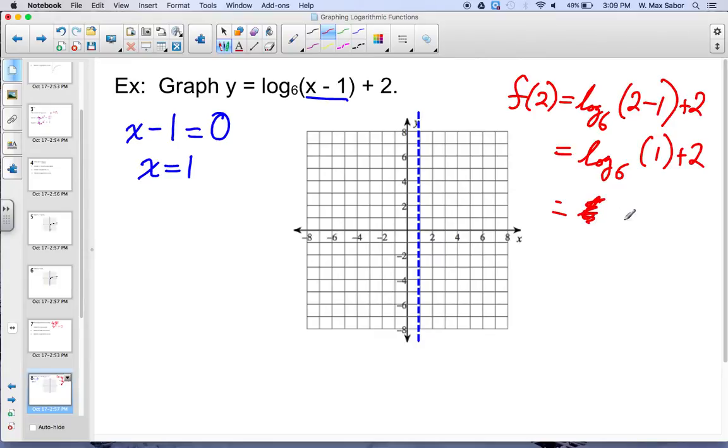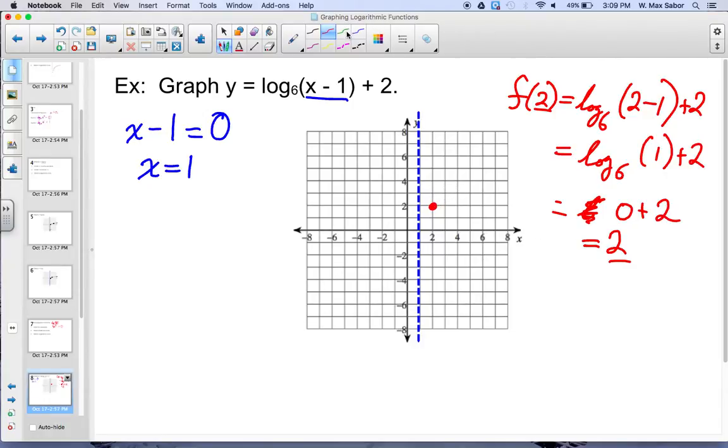One of our log rules is that log base 6 of 1 is automatically 0, so this is 2. So 2 comma 2 is the coordinate. We input 2, we output 2, so 2 comma 2 is a good point.